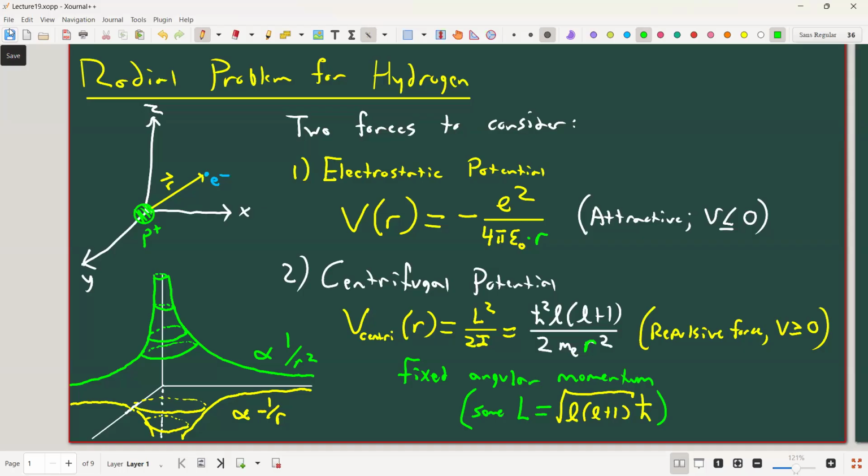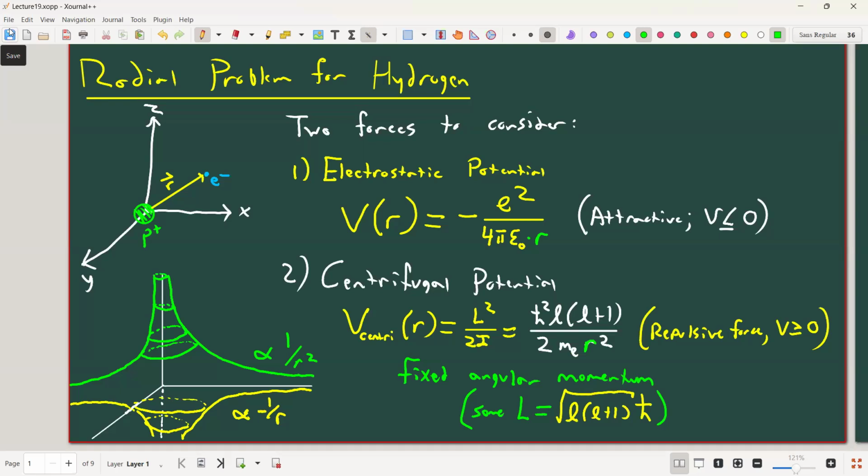It's because its centrifugal force gets polynomially larger, r² larger, every time it gets closer and closer to the proton. So as it gets closer, the centrifugal motion is pulling it out harder. That's why it doesn't get sucked in, because the centrifugal potential is more repulsive at close distance than the electrostatic potential is attractive.